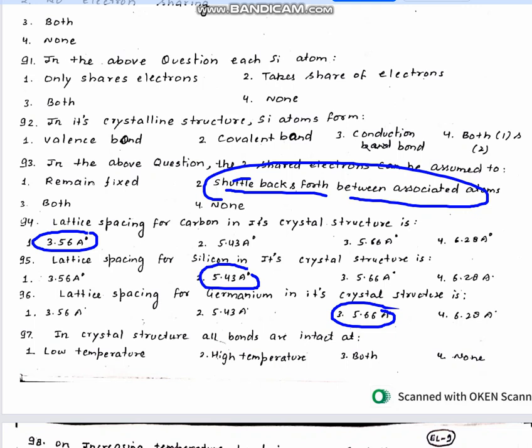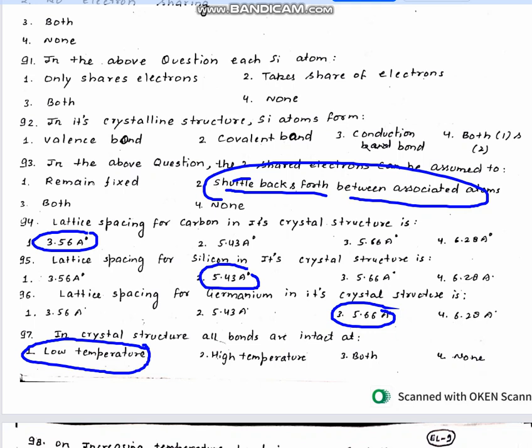Next is in crystal structure, all bonds are intact, obviously at low temperature, because at high temperature the bonds can be broken because of the energy given to the electrons. So all bonds are intact at low temperature, obviously.